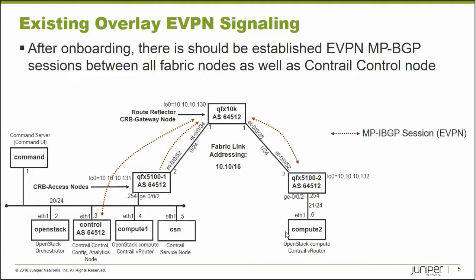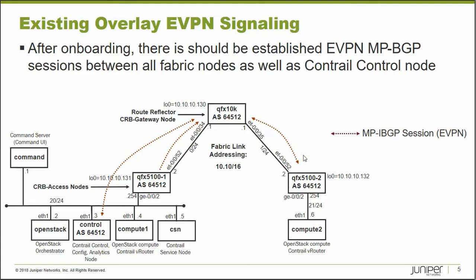We've got two compute nodes that are hanging off of two different leaf nodes here: compute 1 that has the vRouter, and compute 2 that also has the vRouter and is also an OpenStack compute node. And then there's the Contrail service node, which will provide DNS and DHCP services for our bare metal server. Also worth noting here is that we have multi-protocol IBGP sessions already established.